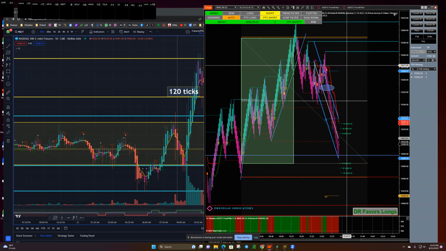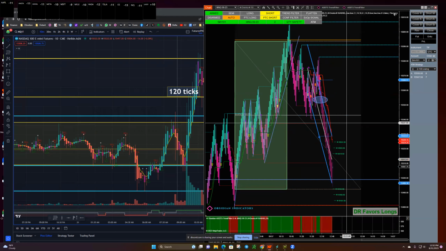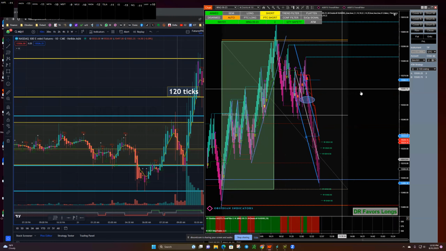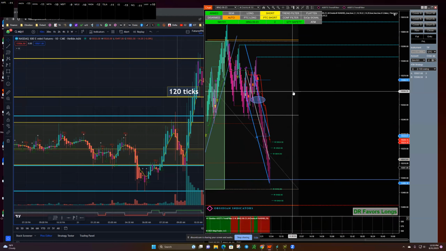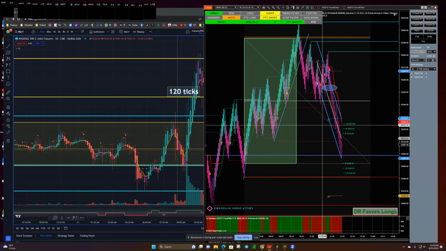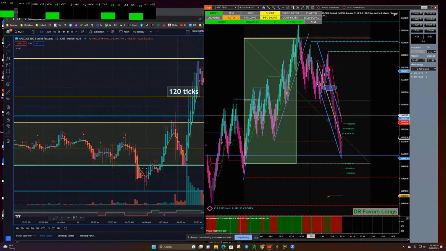I missed out on 212 ticks on this run. Marenko 16. Huh? It's popping up. It's bouncing. It is bouncing.